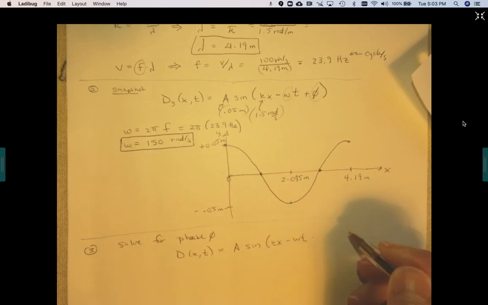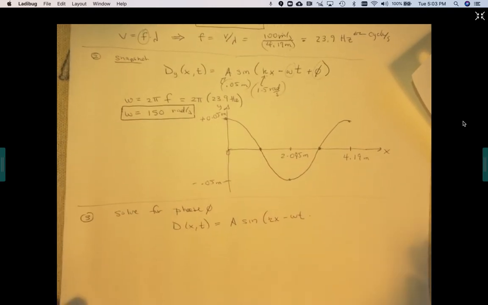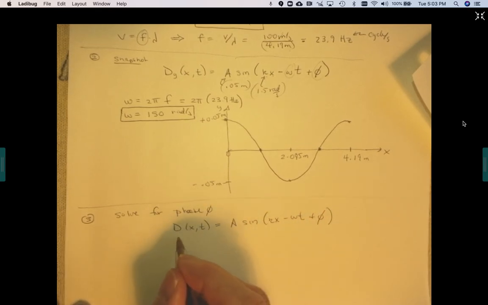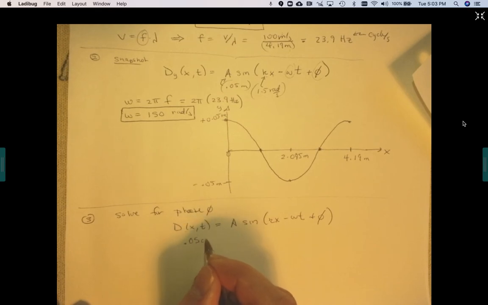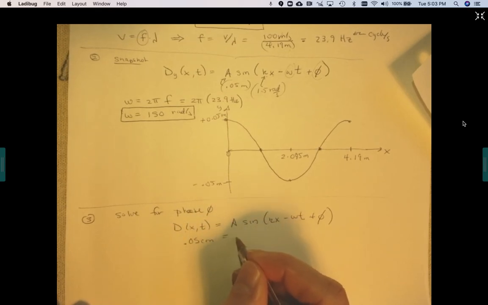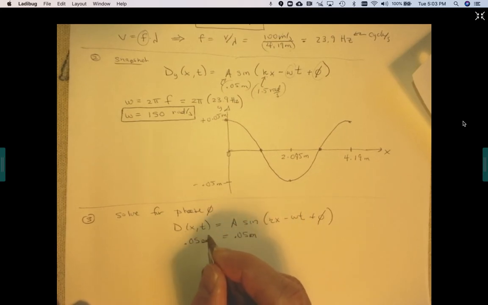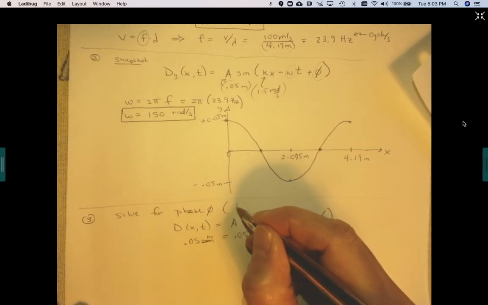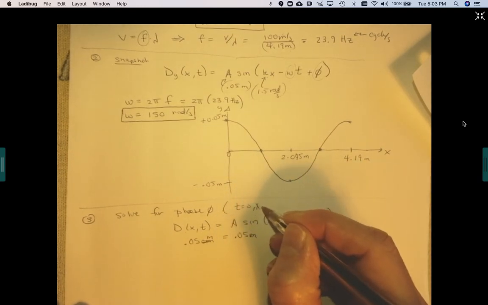It doesn't have to be when t equals 0, but that makes it easy, and certainly x equals 0 and t equals 0 makes it super easy. So we know this equals 5 centimeters, and our amplitude is 0.05 meters, sorry.